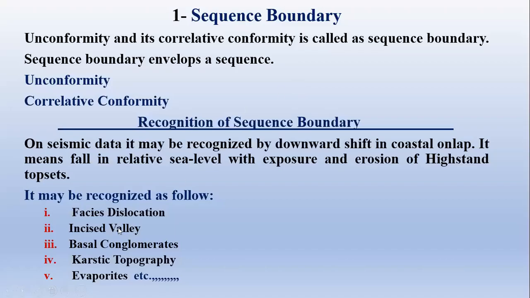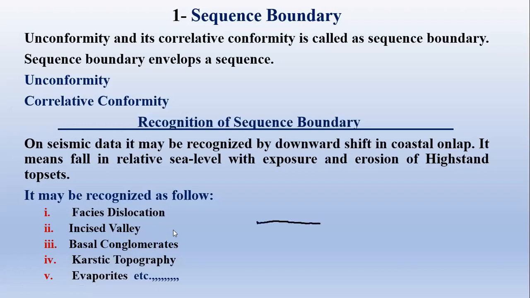What are incised valleys? Incised valleys refer to entrenched fluvial valleys or fluvial systems which extend their channels basinward and erode into underlying strata in response to a fall of relative sea level. Remember that a sequence boundary results from sea level fall.